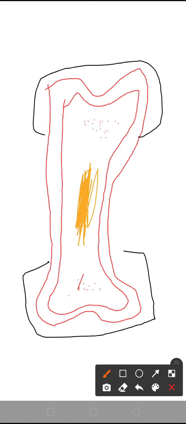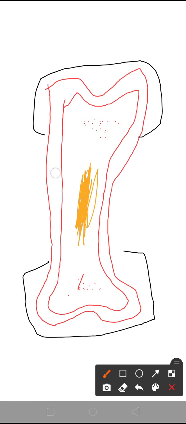So this is the basic structure of the long bone. The broadened part is made up of spongy bone, while the narrower part is made up of compact bone. Let us discuss the structures present in this part, because this is the hard matrix.